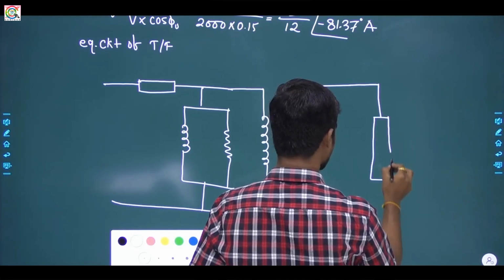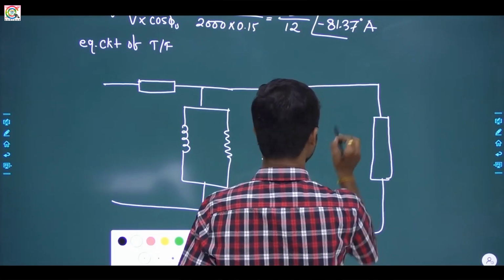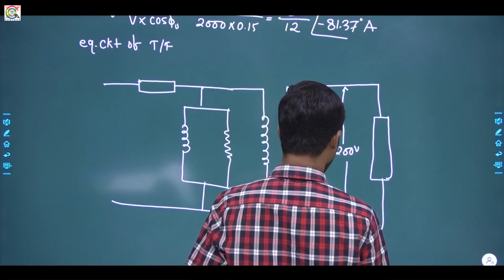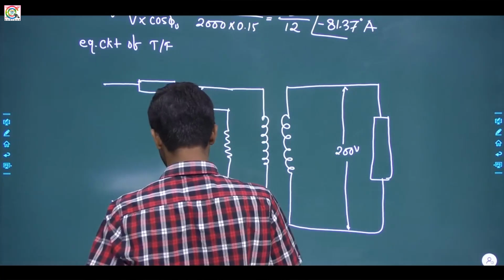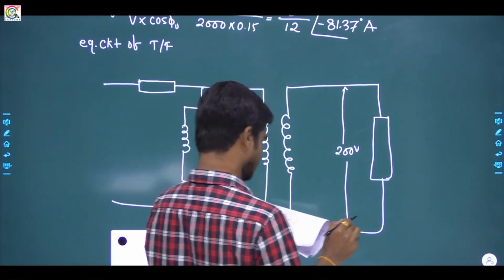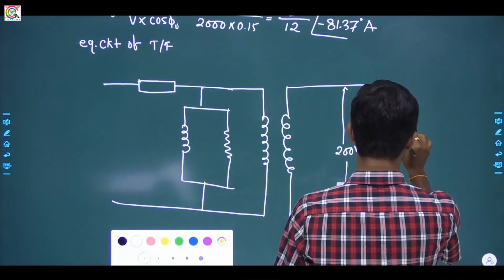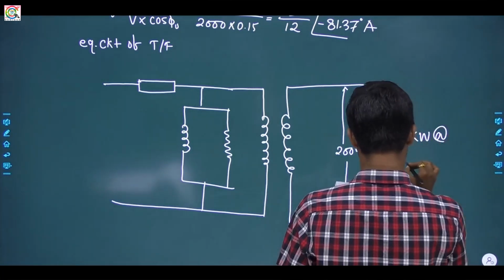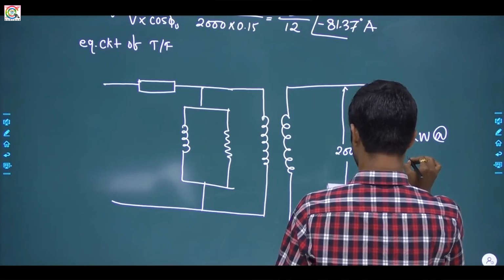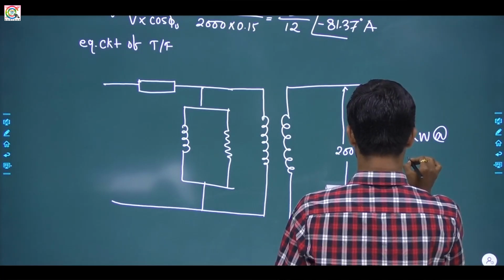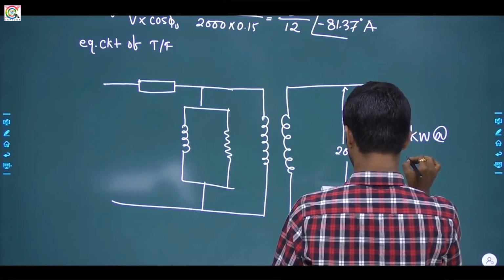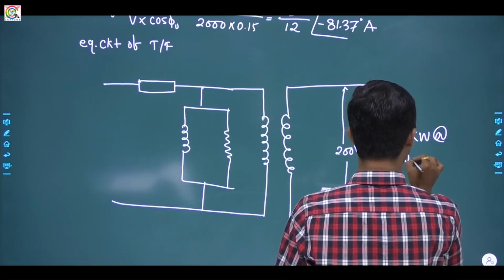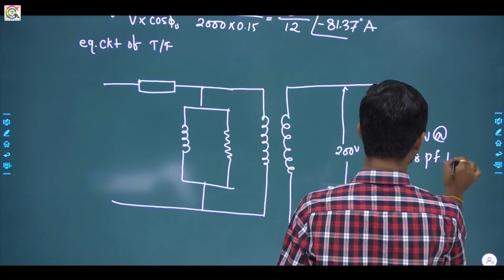Here a load is connected. The load voltage given is 200 volt, and the load is consuming 10 kilowatt at 0.8 power factor lagging.